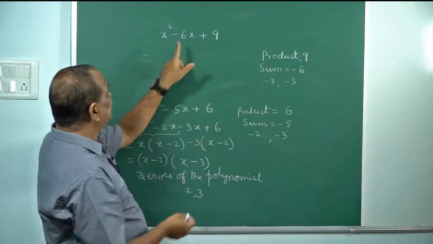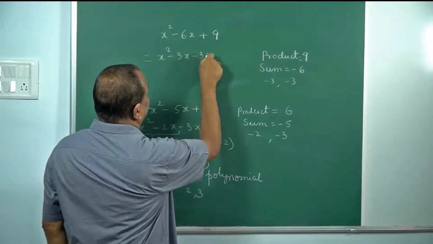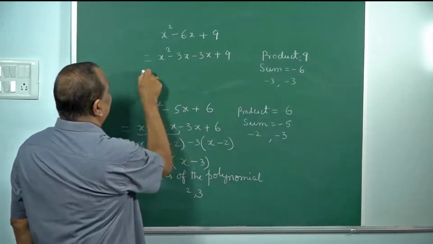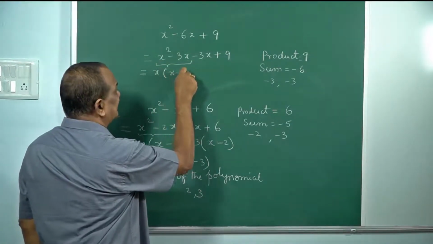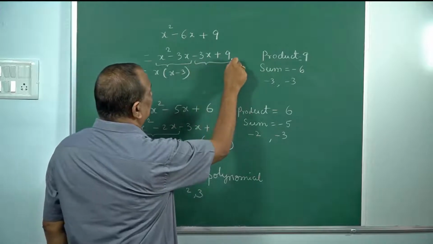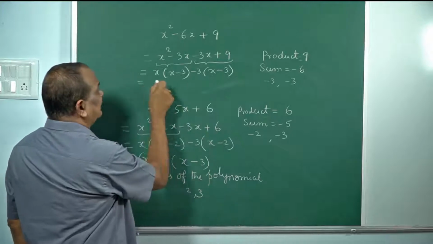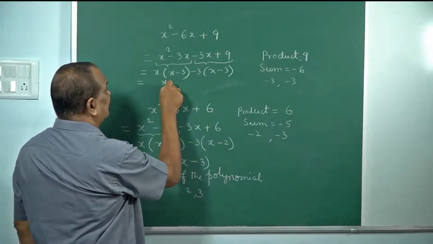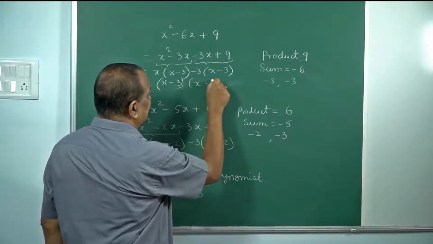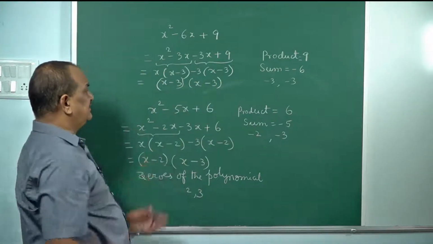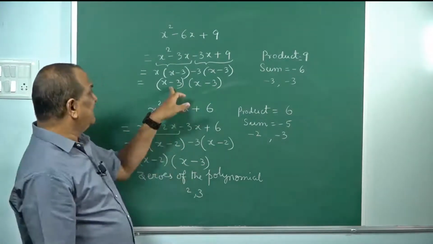Instead of minus 6x I write minus 3x and minus 3x plus 9, and x is a common factor in the first two terms, x times x minus 3, and in these two again minus 3 is a common factor, x minus 3, and x minus 3 is a common factor now, leaving behind here x and here minus 3. So if you look at this form, what you understand is the zeros are 3 and 3.